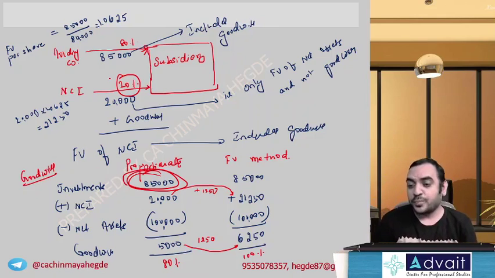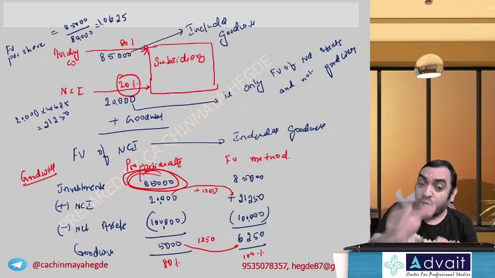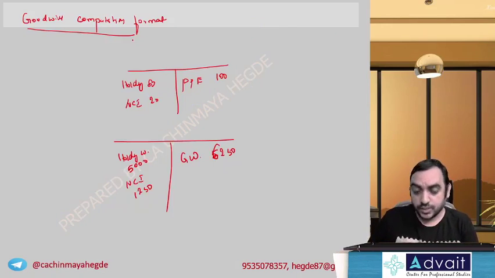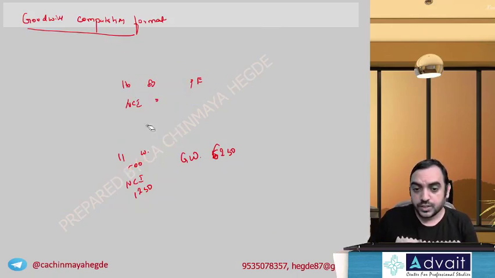Hope you are able to get the point. We write all this in sentences, but first you get the logic. Then to remember, we'll write it in sentences. Are you clear why NCI will include the amount of goodwill? This is an alternative. It's not a compulsion.